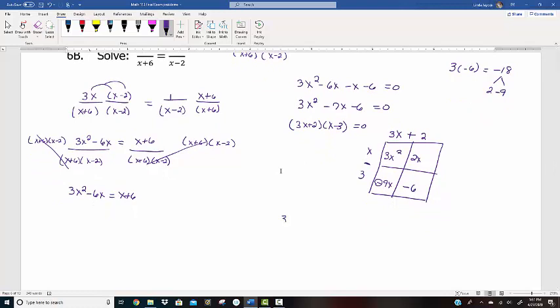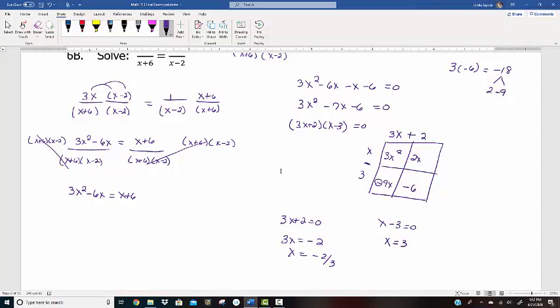So 3x plus 2 equals 0. 3x will equal negative 2. Divide by 3. x will equal negative 2/3. Then x minus 3 equals 0, and x will equal 3.